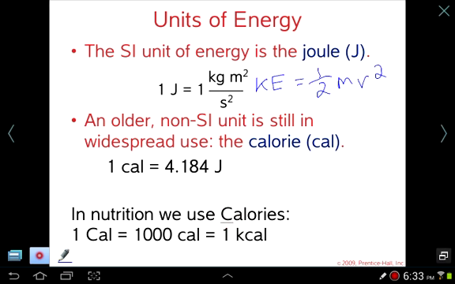They're actually using the calorie we're talking about here, except their Calorie is a big C, and a big C is essentially 1,000 of these smaller calories. So you can convert the amount of calories in a candy bar to joules. We can determine how many joules there are in a candy bar.